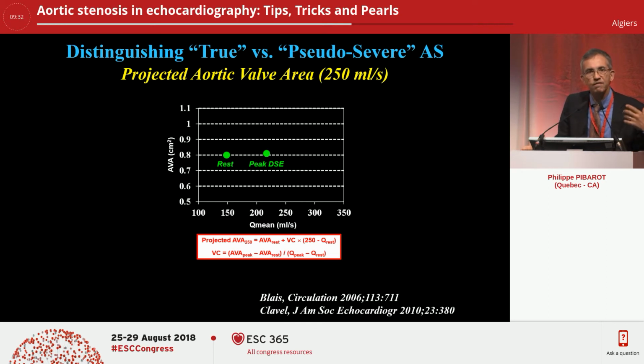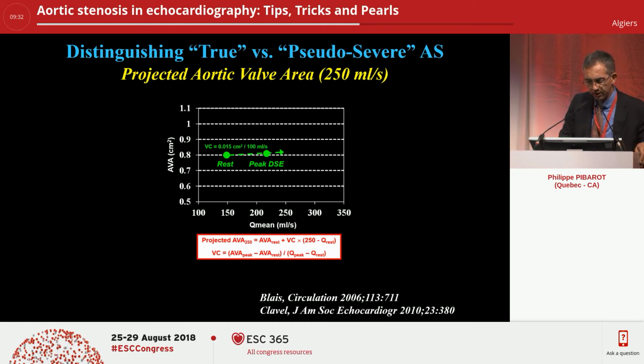First you calculate what we call the valve compliance. It's a big word for actually the slope of the valve area-flow relationship, which we calculate by dividing the increase in valve area with dobutamine by the increase in mean flow rate. Again, mean flow rate is stroke volume divided by LV ejection time. So it's delta valve area divided by delta flow.